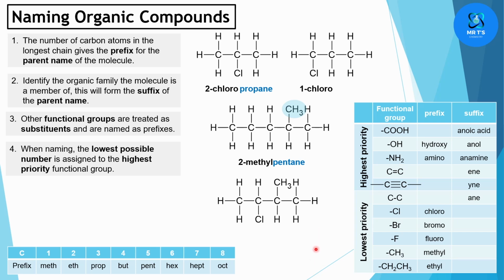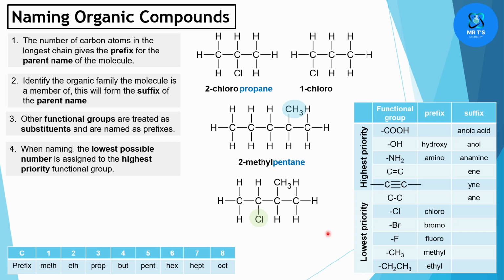In this case, this molecule has 2 different substituents coming off the chain, and we have to number the chain in such a way that they get the smallest possible number, but also, once we've done that, if we have to make a choice between the chlorine and the methyl group, we need to work out which one has the higher priority for the lowest number.